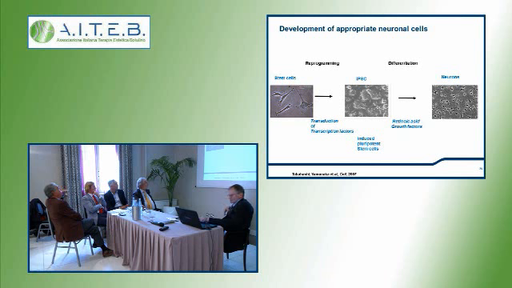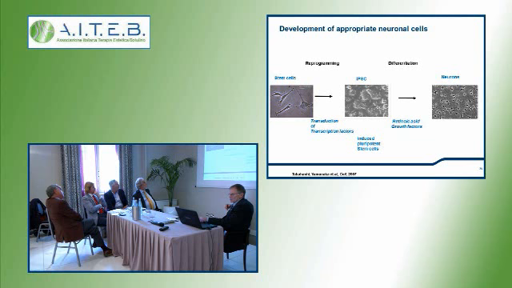And what is carried out in this case: you take stem cells that are fibroblasts, and then you transduce a couple of transcription factors into these cells, which is called reprogramming. And then you have induced pluripotent stem cells, which can develop into any other cells.